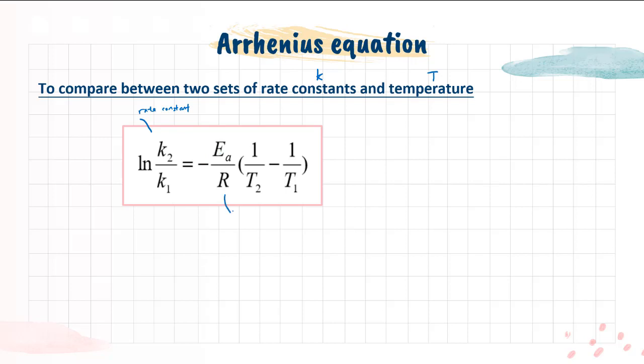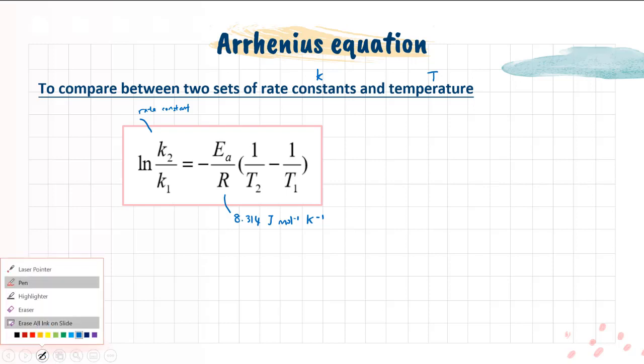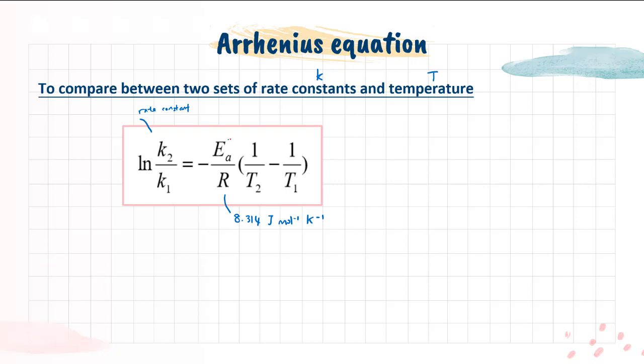Again, this R has a value of 8.314 joule per mole per Kelvin. One more important point over here, I'm going to use red color: your activation energy will be in joule per mole. Remember, it will be in joule per mole.